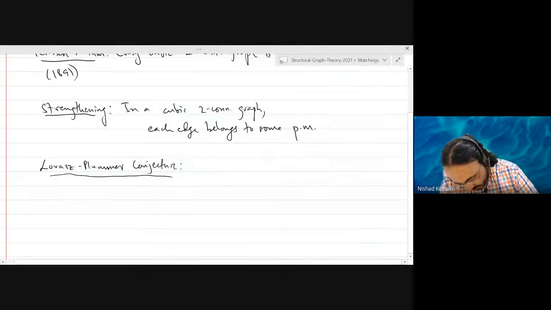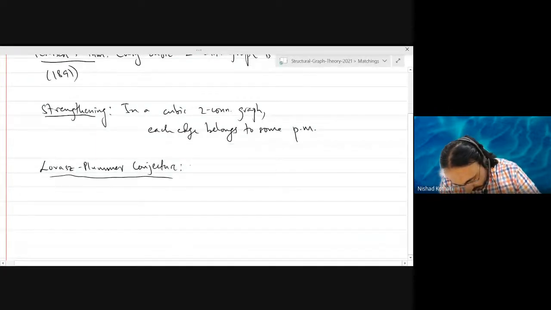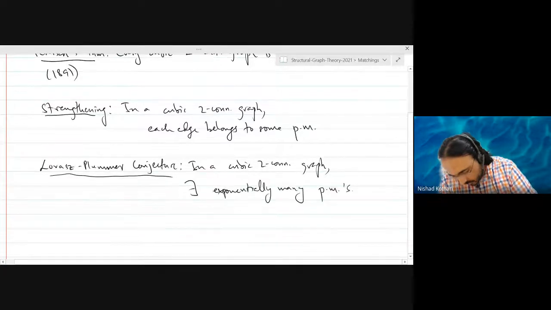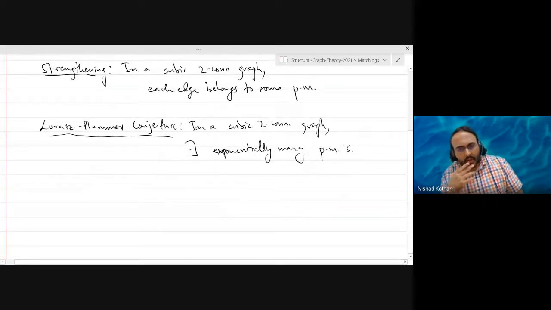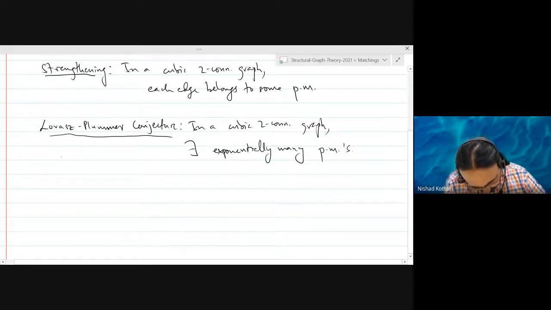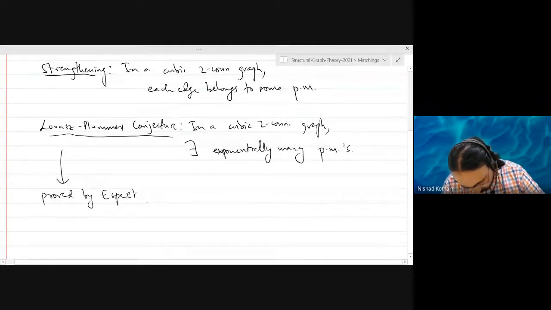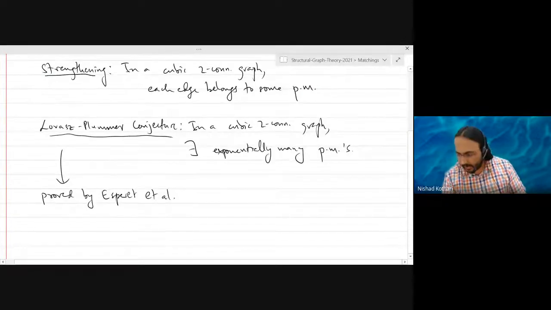This was proven by Esperet et al. in 2010.